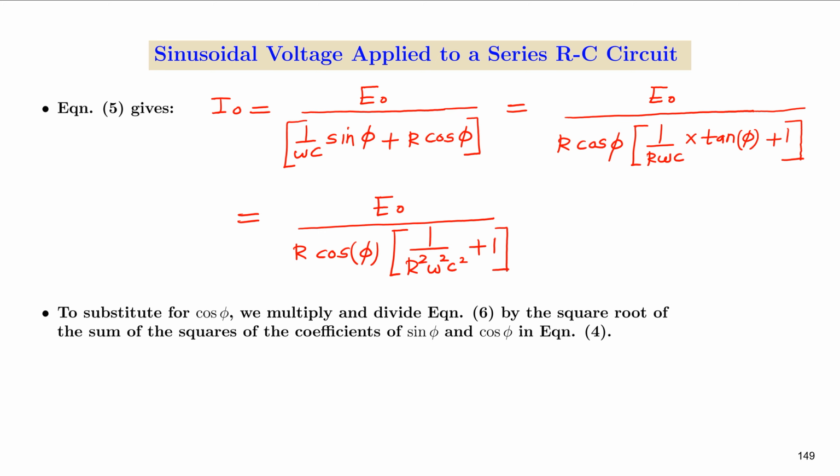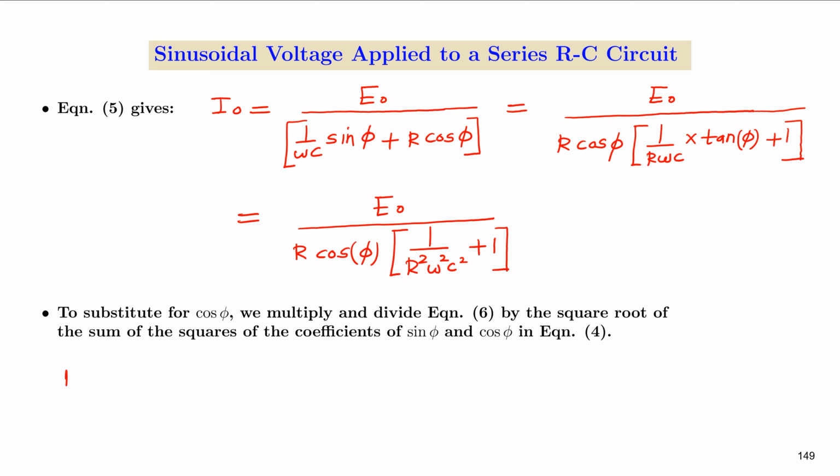We now have to find out an expression for cos phi. The process for finding cos phi is the same as that we have done for an RL circuit. In this case, we will multiply and divide equation number 6 by the square root of the sum of the squares of the coefficients of sin phi and cos phi in equation number 4.